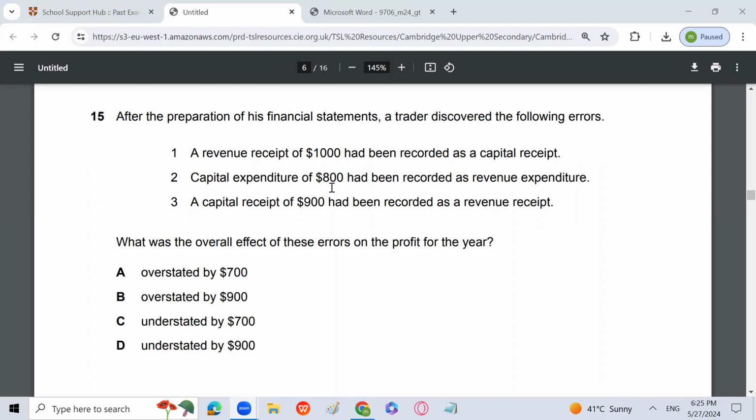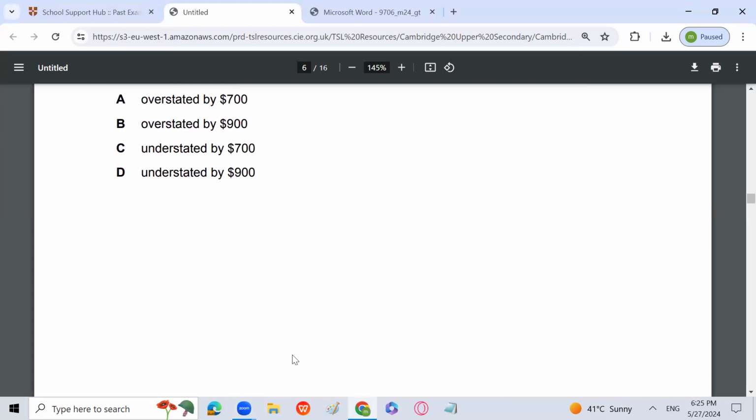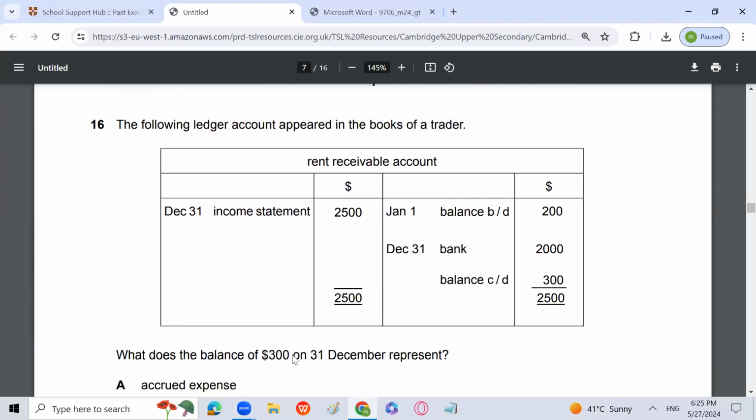Again, you have recorded 800 as an expense rather than as an asset, so profit will decrease by 800. So 1,800 profit will decrease. And with 900, you have recorded it as revenue income, so profit will increase. Overall, profit will be understated by 900. So D is the answer for this question.